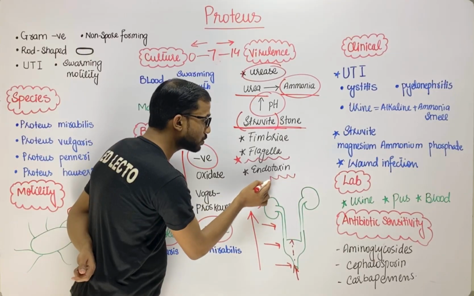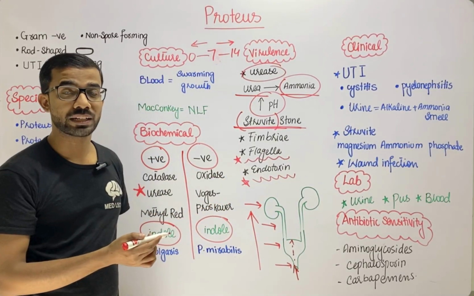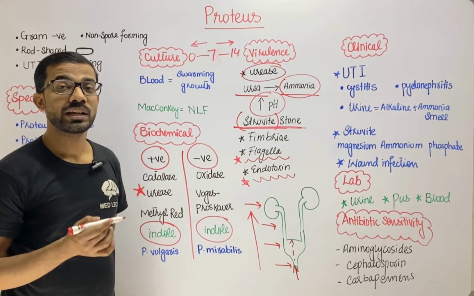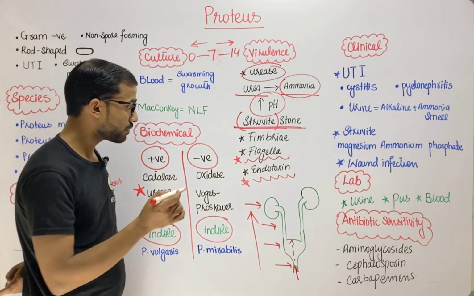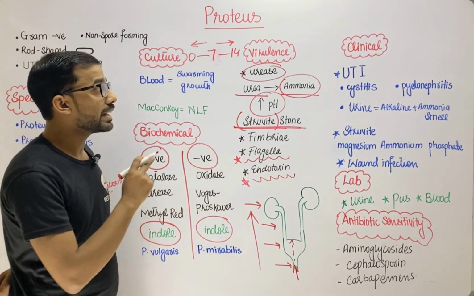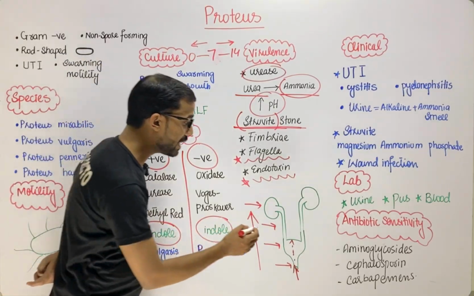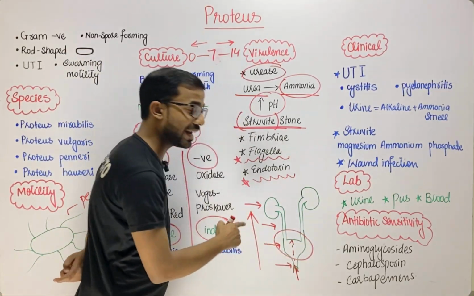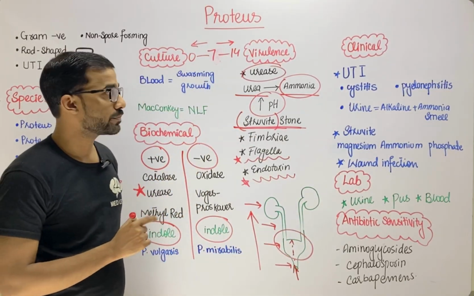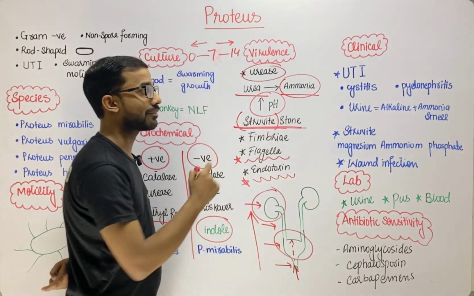Proteus can also produce endotoxin, because it's a gram-negative bacteria, and gram-negative bacteria have endotoxin on their surface, and that causes inflammation. In the clinical manifestations, you will see UTI, urinary tract infection. If the infection is in the bladder, then it will be cystitis. If it is in the kidney, then it will be pyelonephritis.